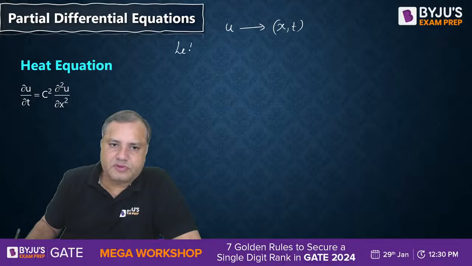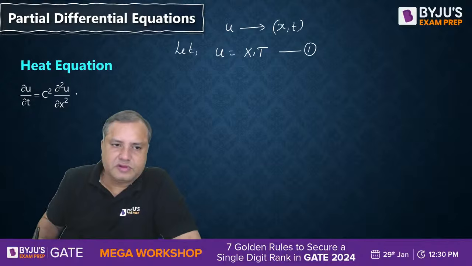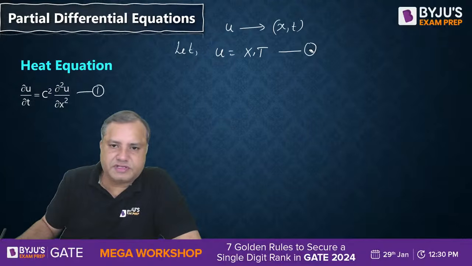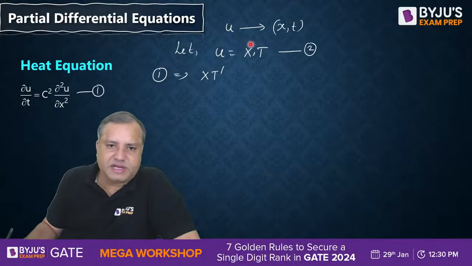So we are assuming u equal to x into t. Let us say this is first equation, this is second equation. Now, del u by del t will be x t dash.